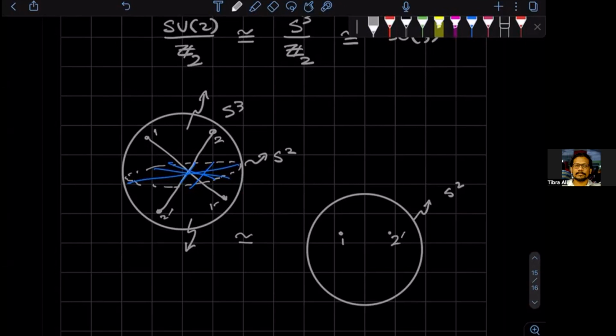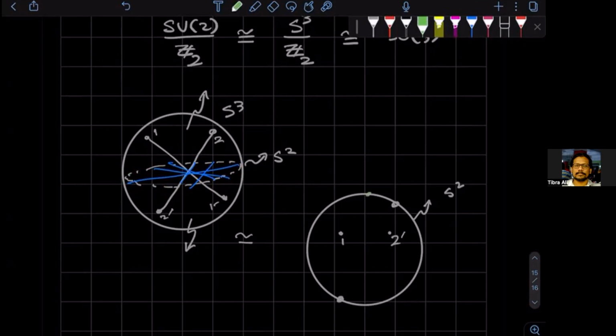It's actually not quite a 3-disk, because we are taking the whole of the equator, which has opposite points identified. Okay, so this point is identified to that point.